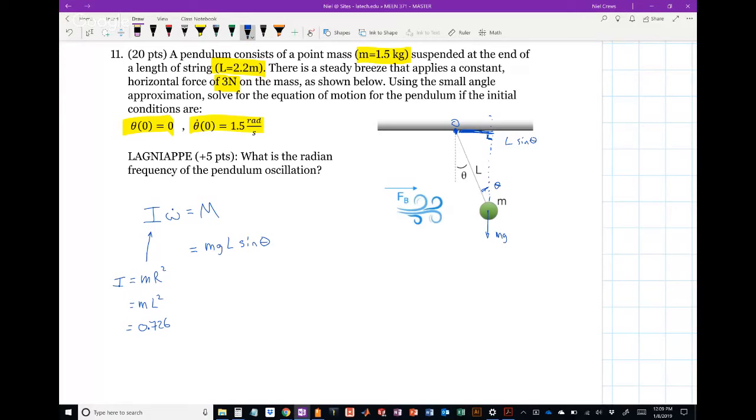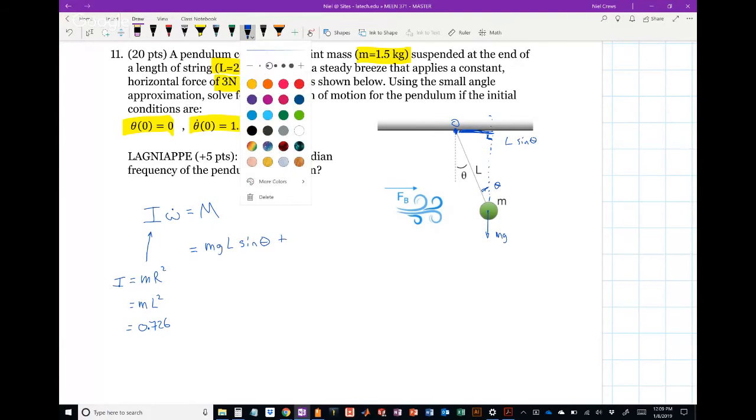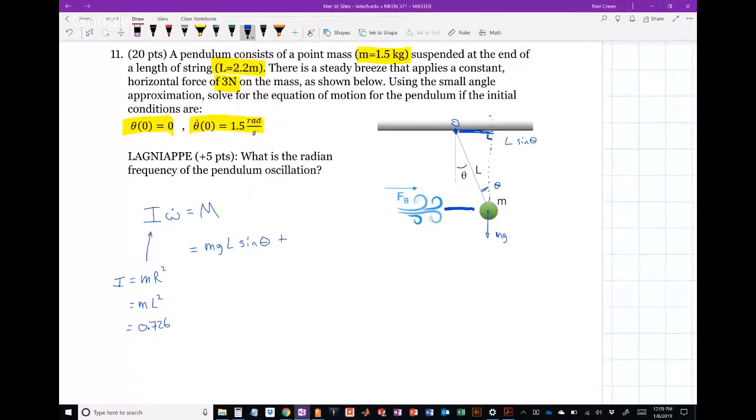And again, theta is going to be constantly changing. Okay, but we also need to add this other term related to this force of the wind. Maybe I'll make it a little bit bigger so you can see. Okay, here's the force, and we know that this is 3 newtons right here.